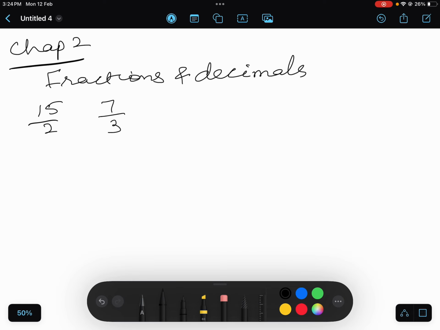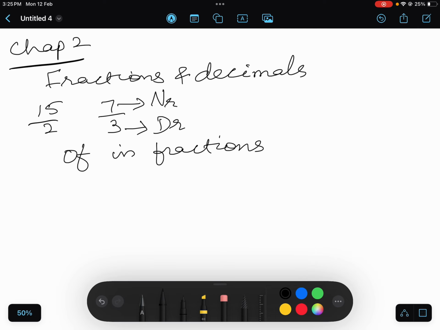You have studied in your grade 6 about fractions. You have an idea. Now this is called the numerator, in short NR, and this is called the denominator, in short DR. Now whenever we use the word of in fractions, it means multiplication. Otherwise also in general in maths when we use the word of, it represents multiplication. So that idea you should have.